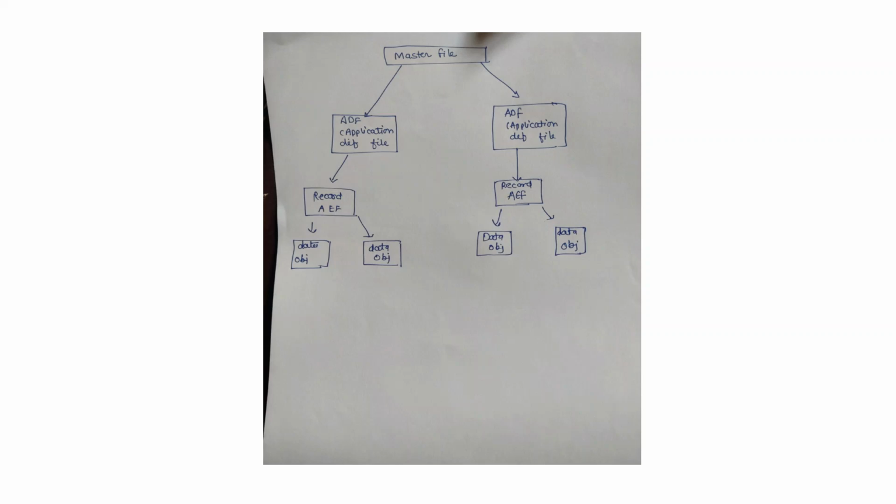Then files have records, which we call AEF, and each record has multiple data objects. The data object is the smallest element in your EMV chip. The smallest piece of information stored in your EMV chip is called a data element or data object.